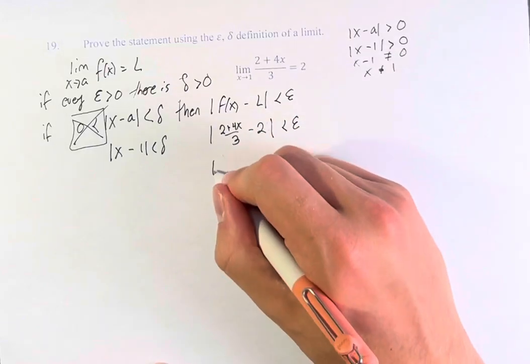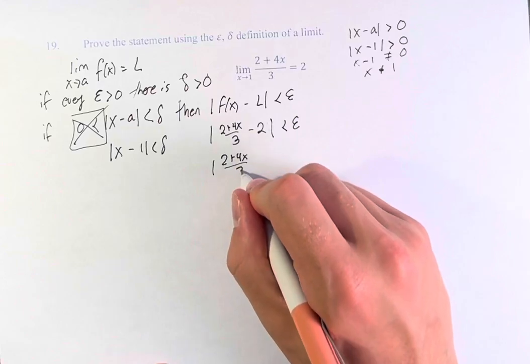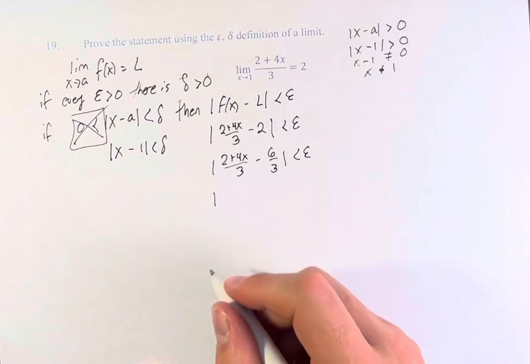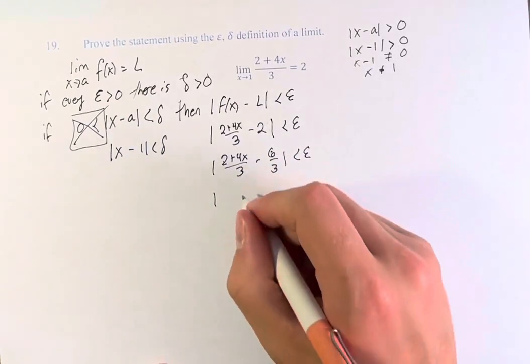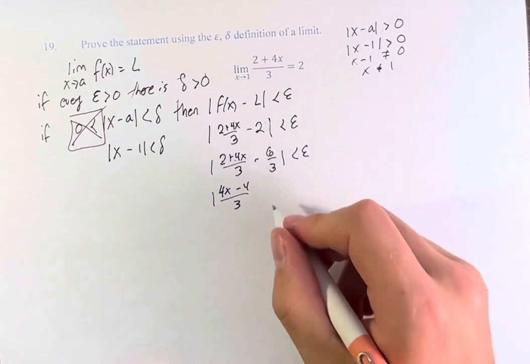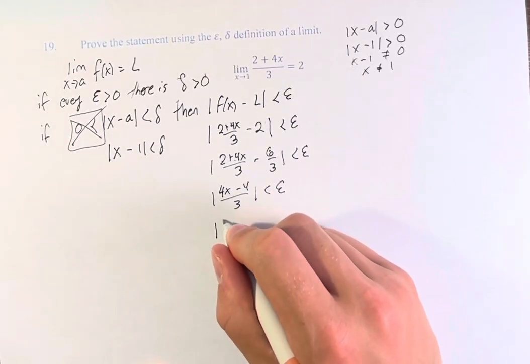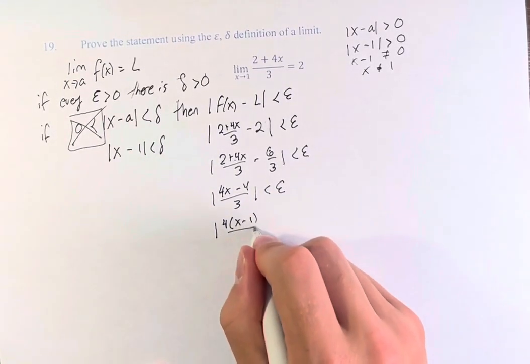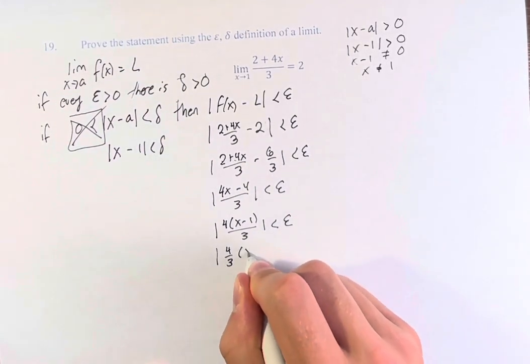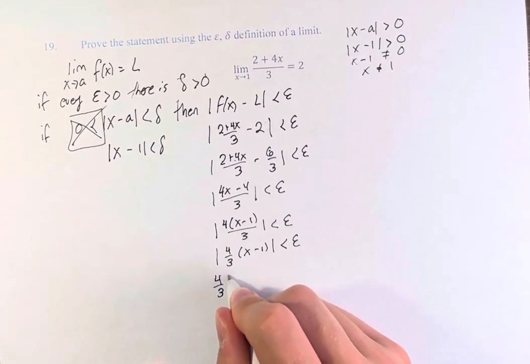So let's simplify this. (2 + 4x)/3 - 2 is (4x - 4)/3, since 2 - 6 is negative 4, and this is less than epsilon. We can factor out a 4 from the numerator to get 4(x - 1)/3, and this is equal to 4/3 times |x - 1|, so we can factor out a 4/3.